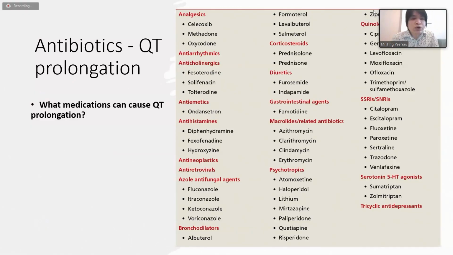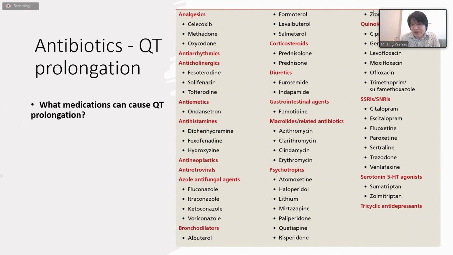The next thing I want to go through is the antibiotics with QT prolongation risk. If you look at many drugs, not just the individual drug but by drug class, they have the property of QT prolongation.